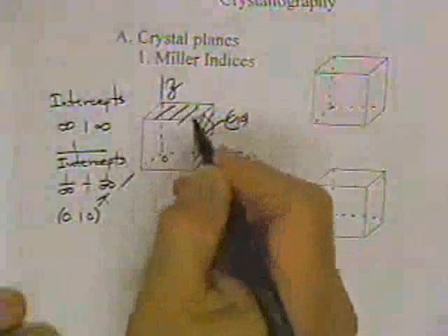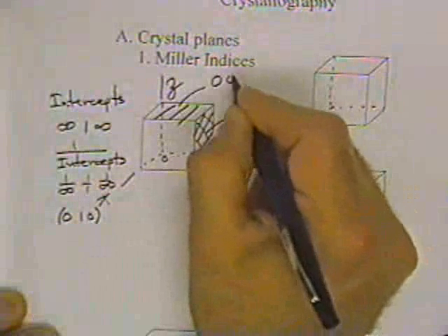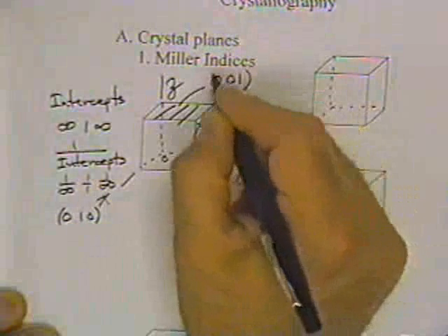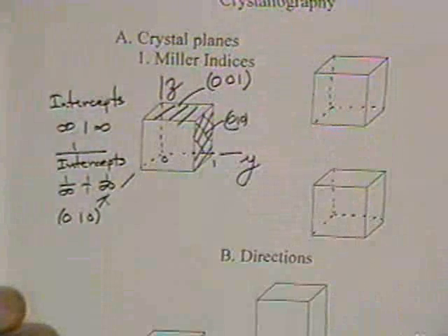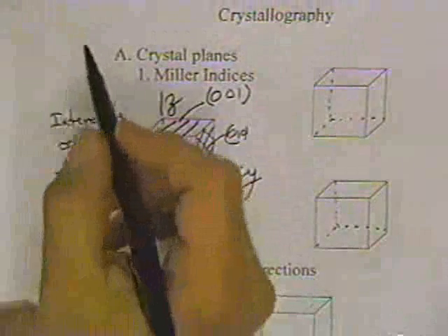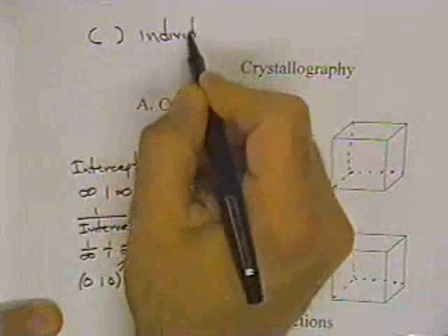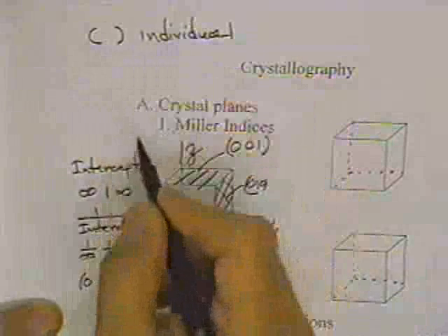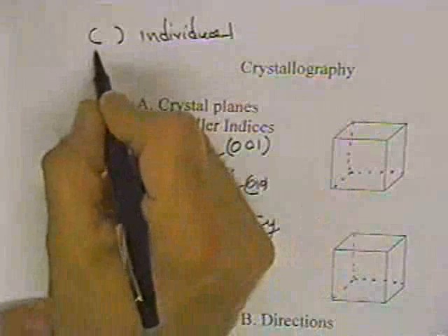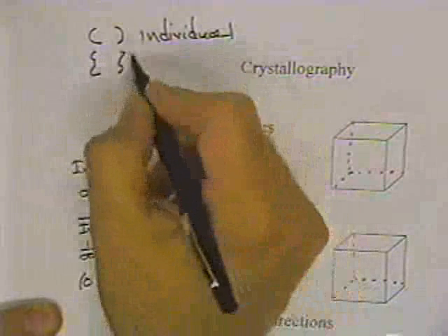And if we took a look at this plane right up here, we could do the same thing and we'd see that this was a (0, 0, 1) plane. Now that represents the individual plane. If you want to represent a family of planes, that's represented with these braces.